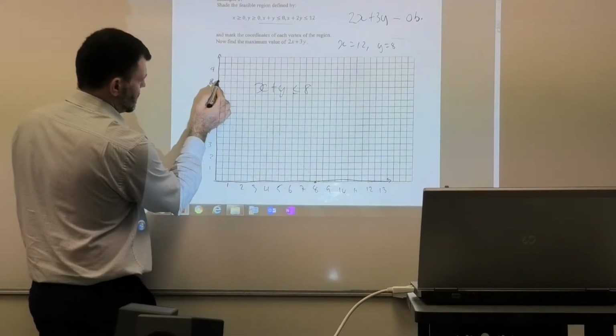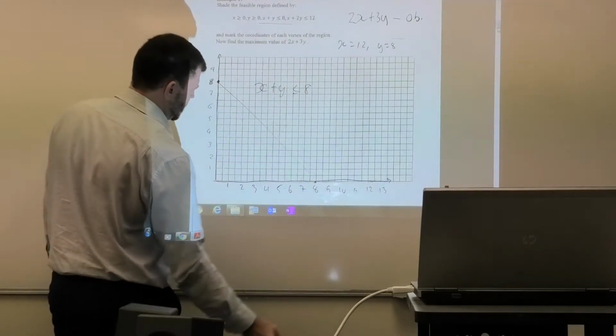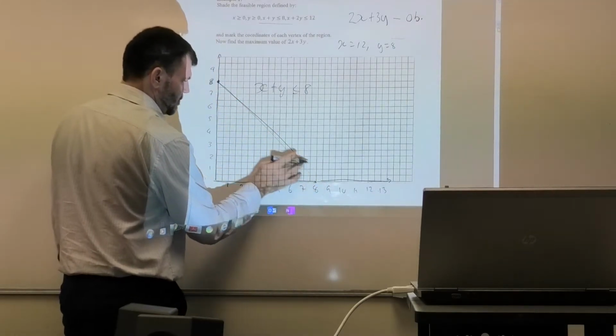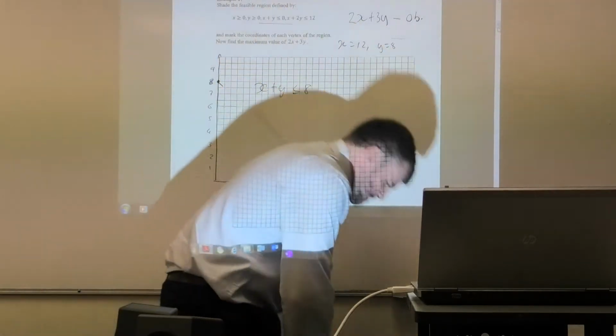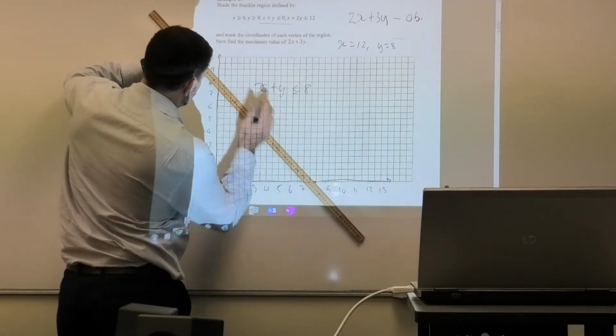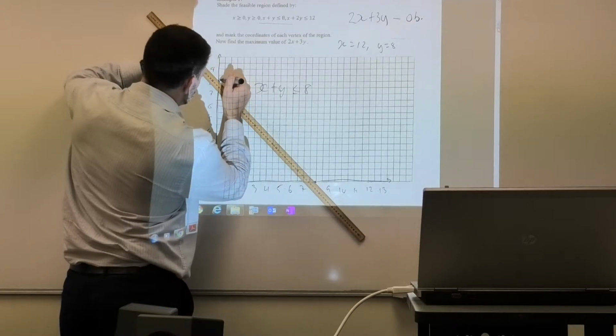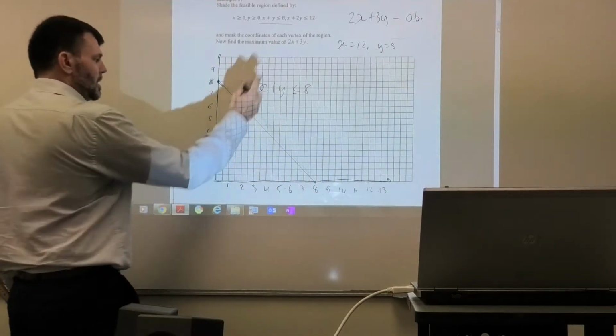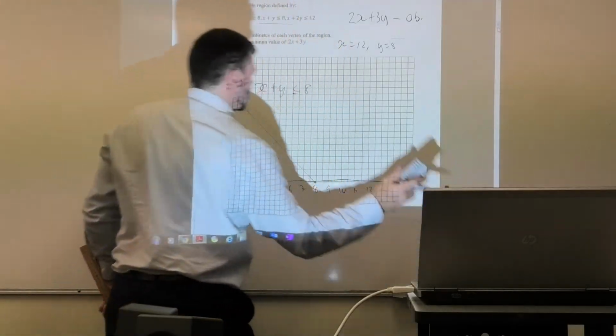So in this case, you get a nice straight ruler, and you'll sketch your line through. Actually, I've got a ruler, I'm going to use it. So we'll sketch our line through here so we can get our solutions as accurate as possible. Okay? So this one here was the x plus y equals 8.